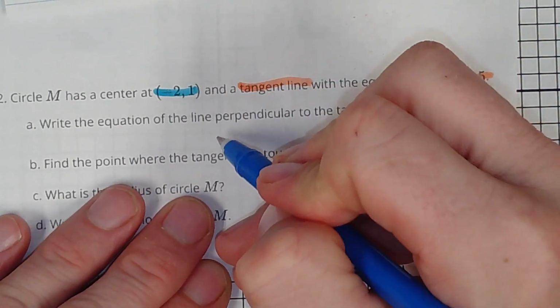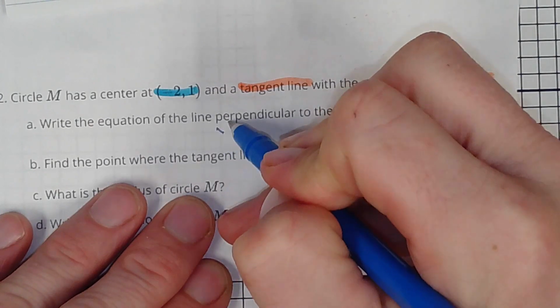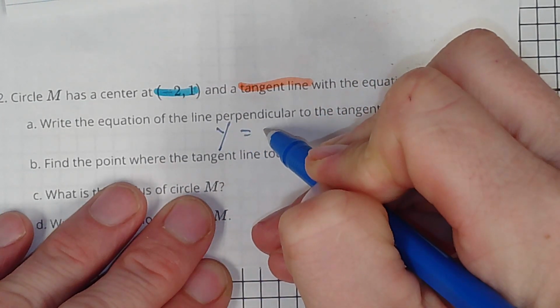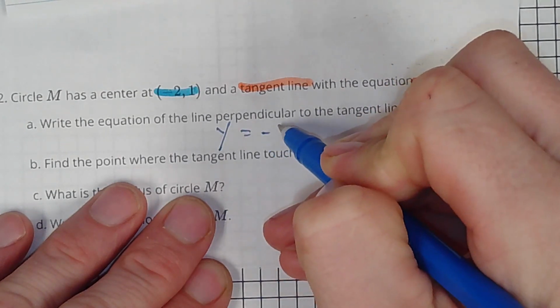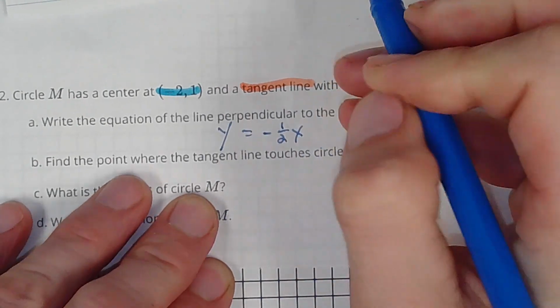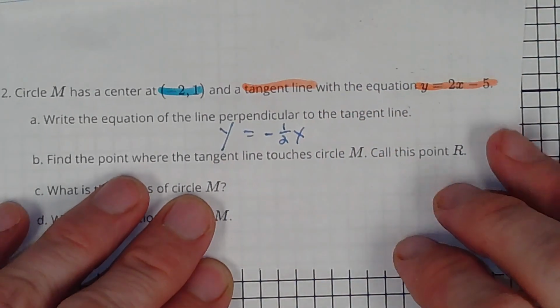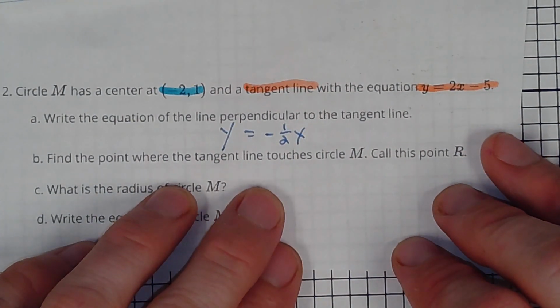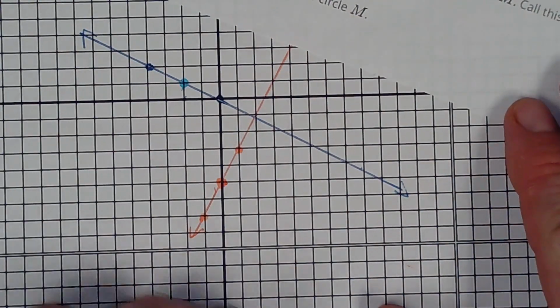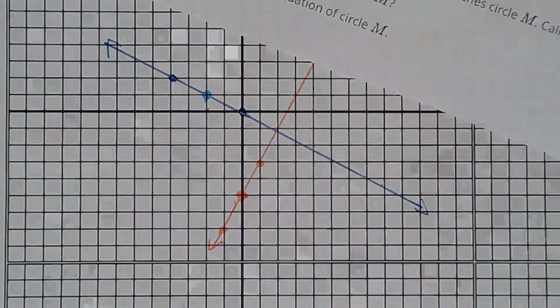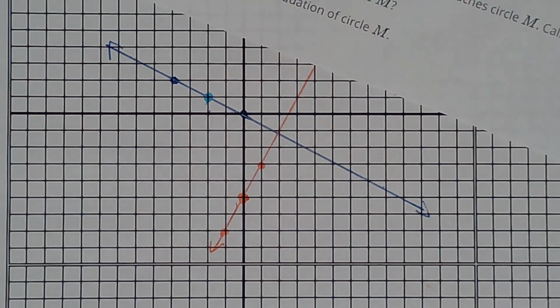No, it doesn't. y equals negative 1/2 x is the way the book wants me to write that. Plus 0 is the way if you want to do it, because the y-intercept is, look at that, 0. All right, so that's that.